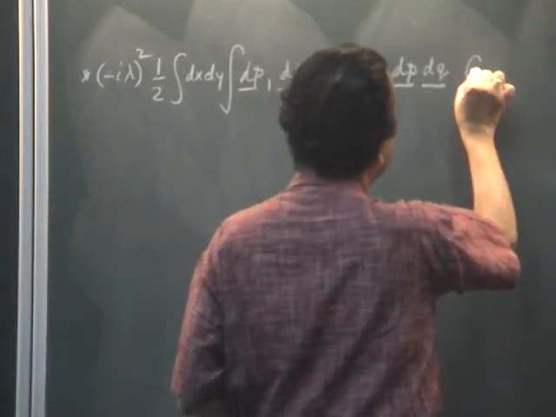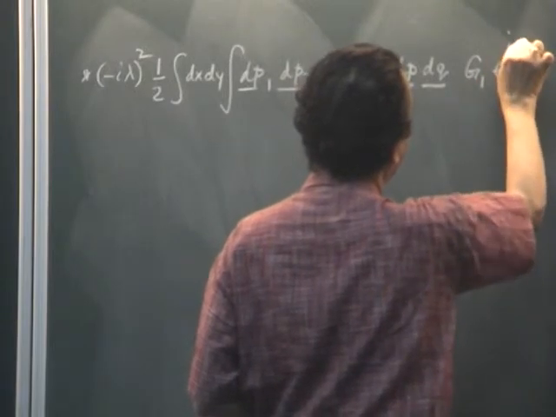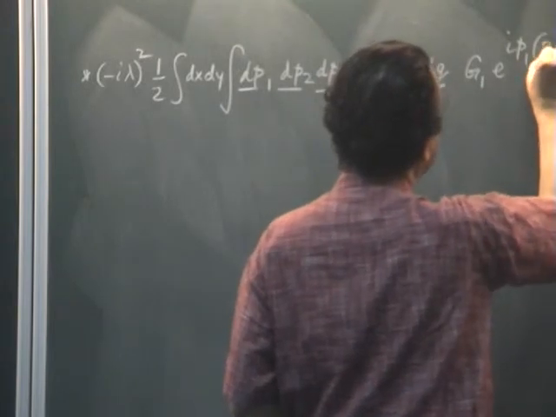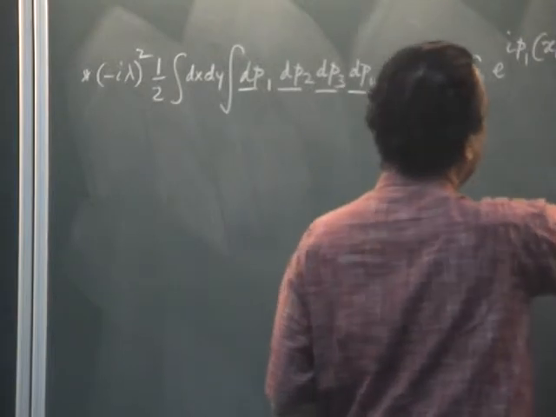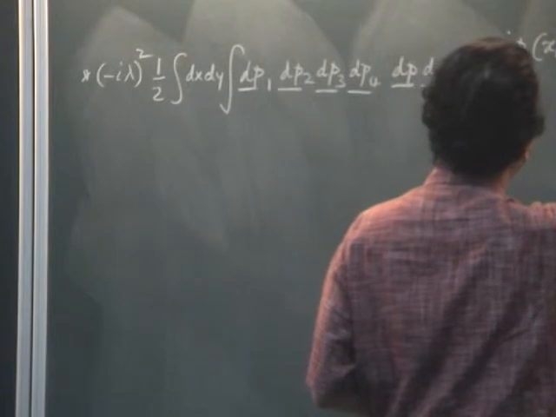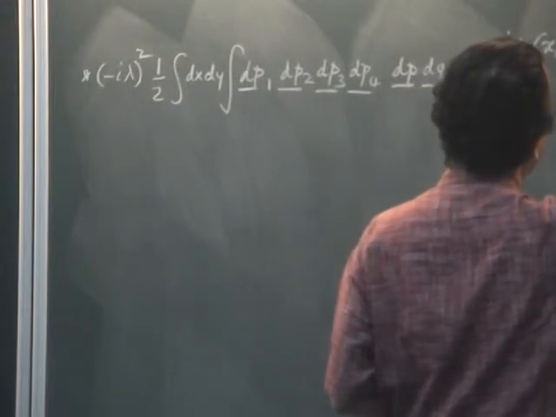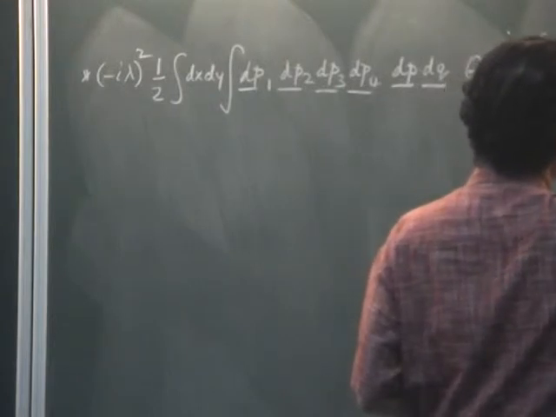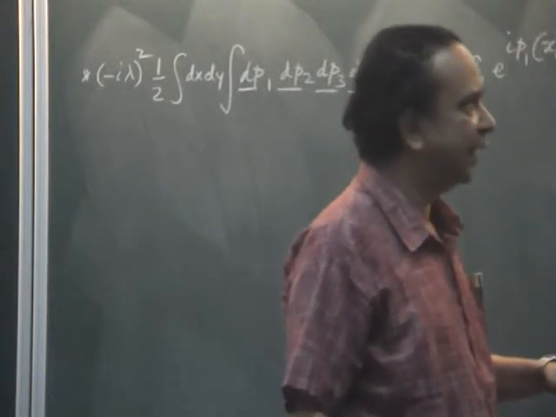Then we want to write down each one of them. So this is g1 e to the i p1 into, let us say, left minus right, which is x1 minus x. Then I have g2, into e to the i p2, I took it as x minus x2, but if it turns out that the standard convention is different, we will flip it in the end.